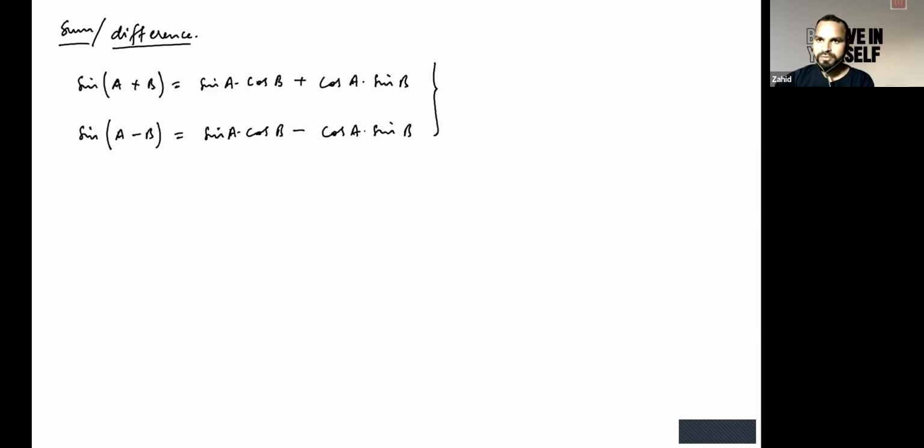Now from this formula, if A equals B equals just theta, in the first expression you will get sine A, which is theta, and sine B, which is also theta, so it becomes sine 2 theta. And if you put A and B to be theta in this expression, you will get 2 times sine theta cos theta.